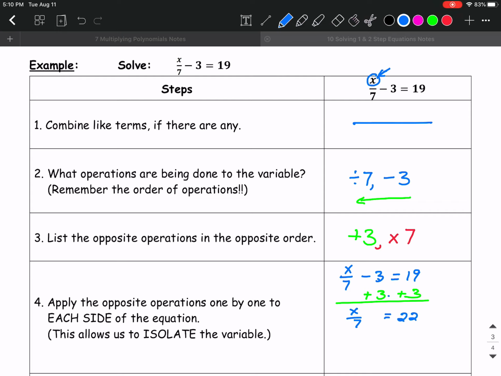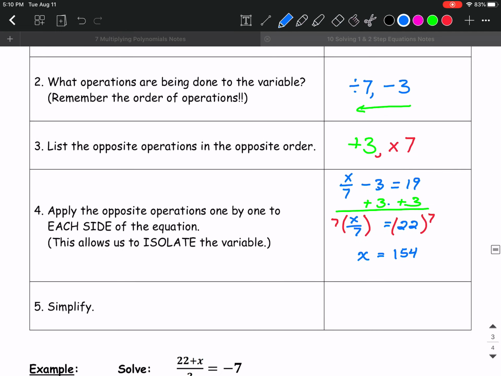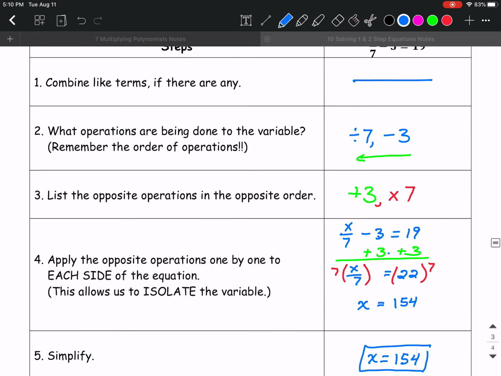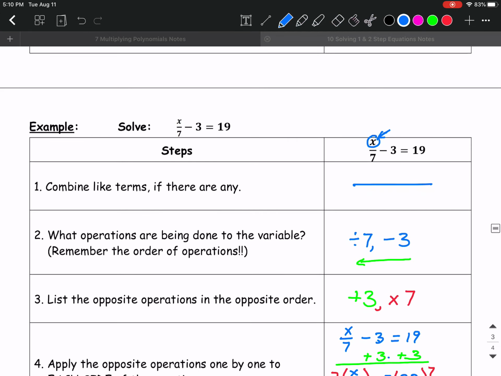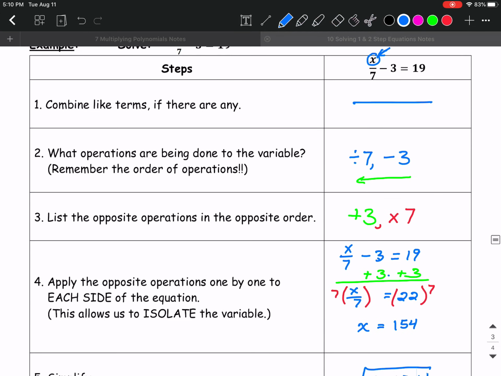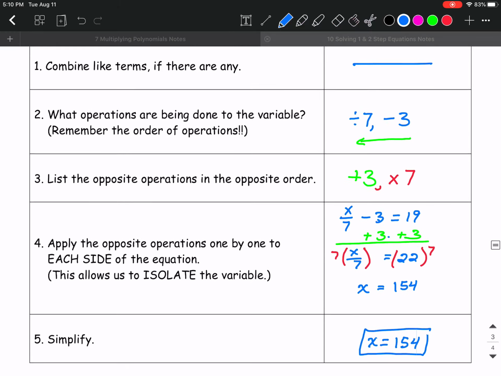Now we're supposed to multiply both sides by 7. The 7's will cancel out, and we're going to have x. And then we have 22 times 7. If you need your calculator, it's okay. That's 154. And we have actually found our solution. x is 154. And you can always go back to the original problem and plug it in. What's 154 divided by 7 and then subtract 3? You should get 19.